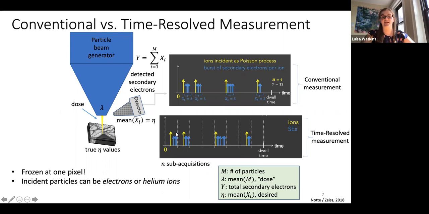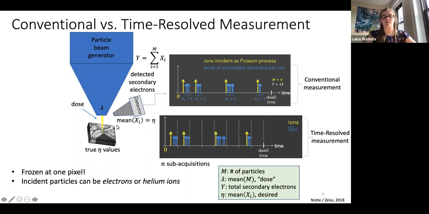So in this way, instead of just having one y value, we have a vector. We have a vector that's n long, where we can see, oh, if there's a burst here, there's none here, there's probably an ion here, there's probably an ion here. And the idea with this measurement is that if we're able to have a better idea of how many ions there are, then we have a better idea of what the dose is.